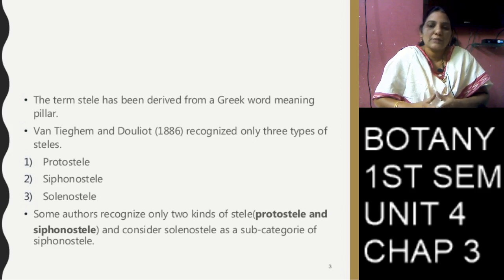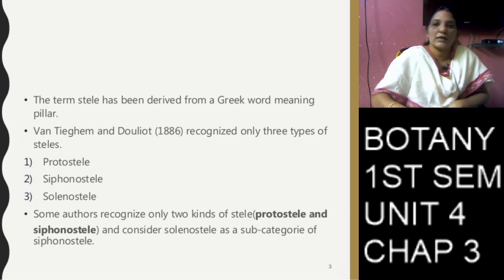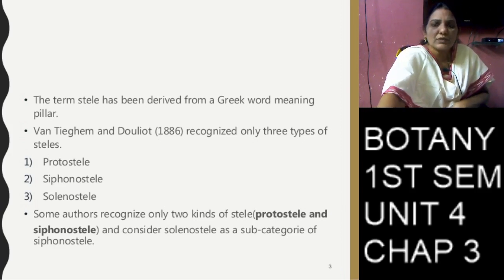So in the protostele, the xylem is present in the middle of the stele and the phloem covers the xylem. This is the primary stele. For example, Rhynia, Selaginella, and Lycopodium also.